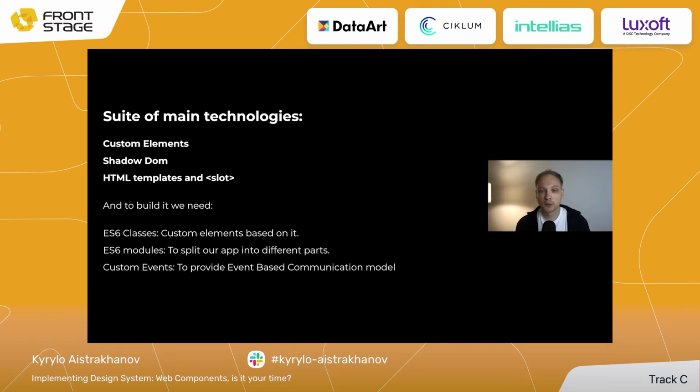So firstly, let me describe which parts web components consist of as a technology. It's three main specifications: custom elements, shadow DOM, and HTML templates that can also be slotted. To build it, we use ES6 classes, of course, to extend the custom element from HTMLElement.